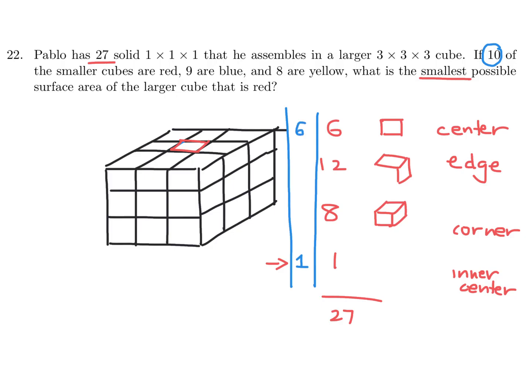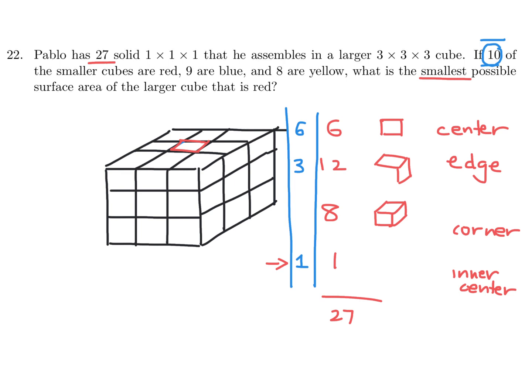Now how many do I have left? I have 10 total, and I've used 7 so far, so 3 more. Obviously, I'm going to choose the edge ones. There are 12 of them, right? Okay, so that's my distribution.